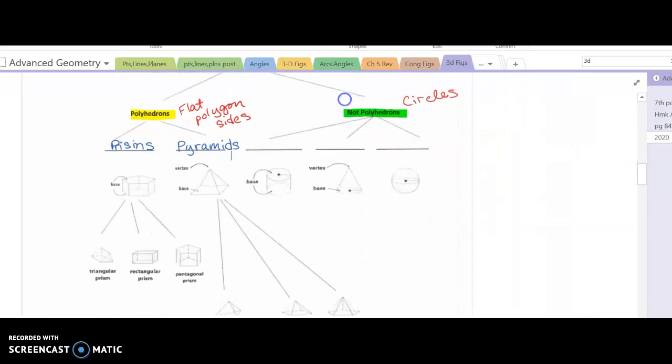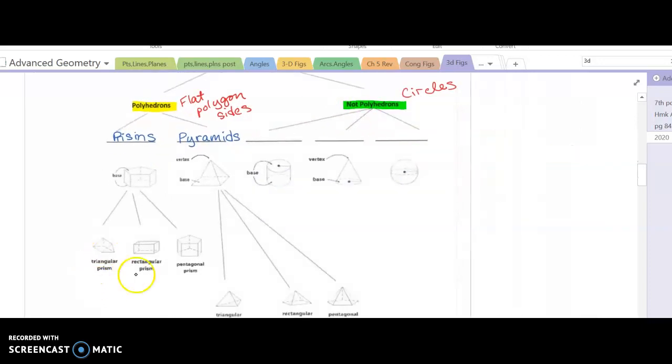The prisms, we said, have rectangle sides. And technically, keep in mind, they don't have to be rectangles. They're technically parallelograms, so we'll write that out in parentheses. We'll see that come into play a little bit later.